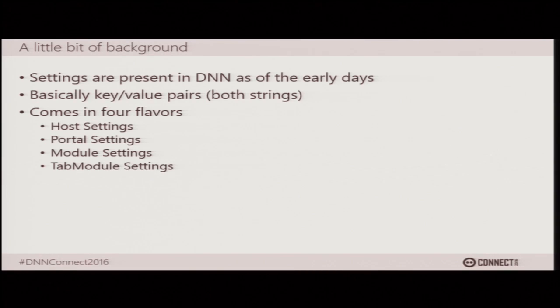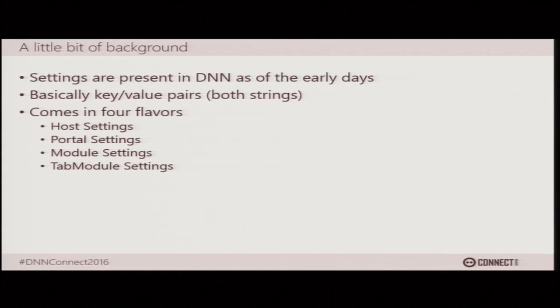Now, as I already said, I'm a consultant for DNN, for Access, and I sometimes do reviews on code, and I noticed that many developers don't really know what tab module settings are for. So let me quickly give a short wrap-up about the tab modules.